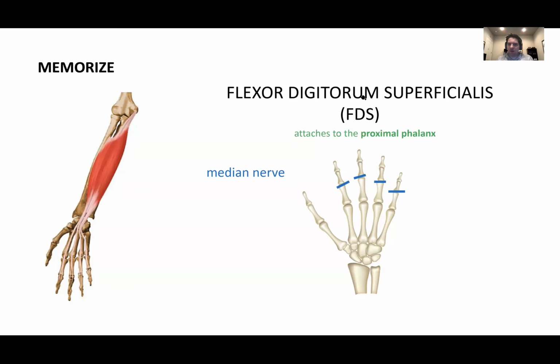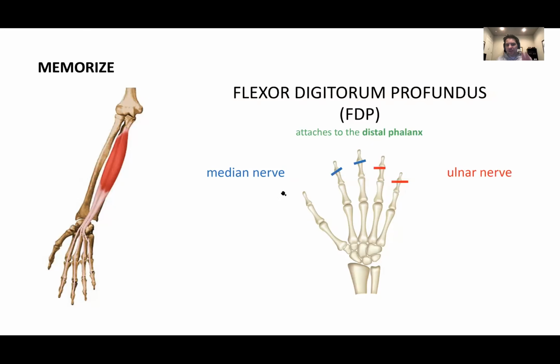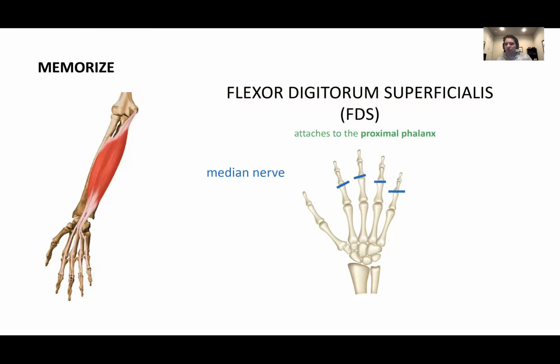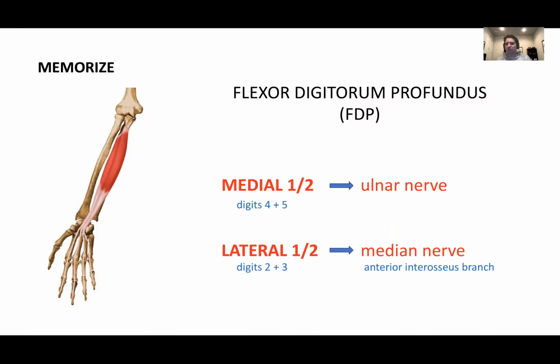But I want to check this too, because the flexor digitorum superficialis is going to be the proximal phalanx, right? The PIP joint. So the median nerve is going to do all of it. If you look, let's go back one to the flexor digitorum profundus. You can see a median nerve injury is going to be more severe between these two, because the median nerve is going to do 6 joints versus the ulnar nerve's 2.